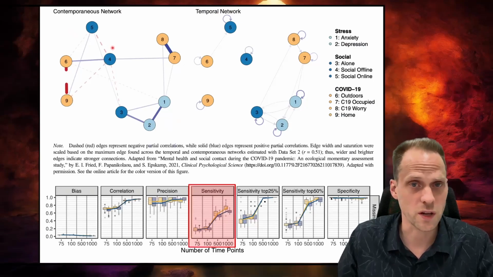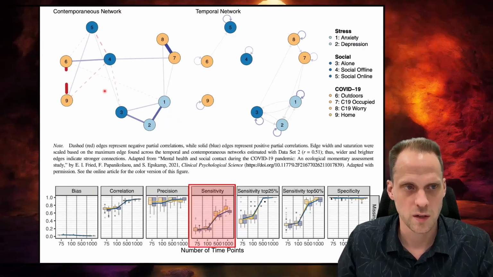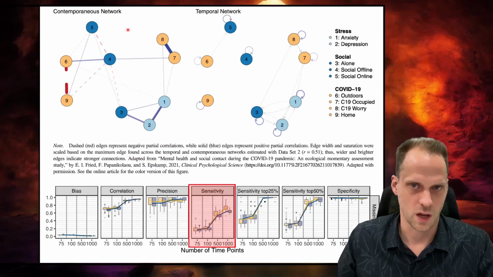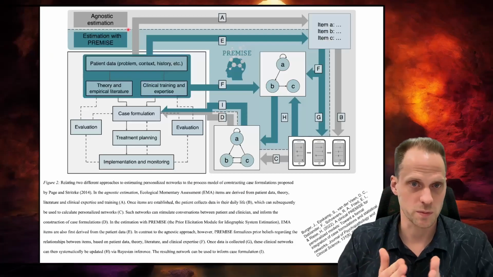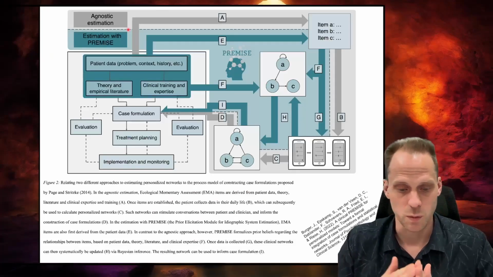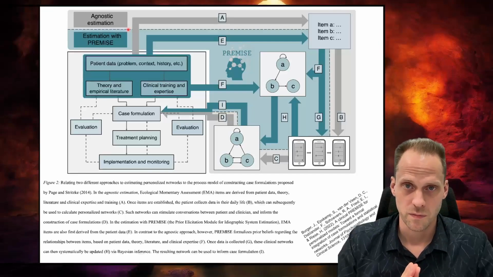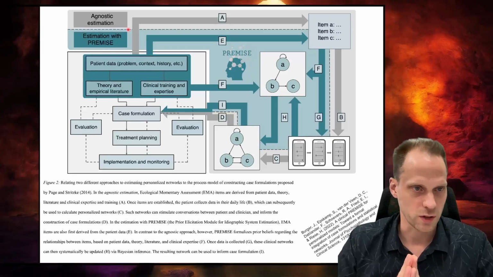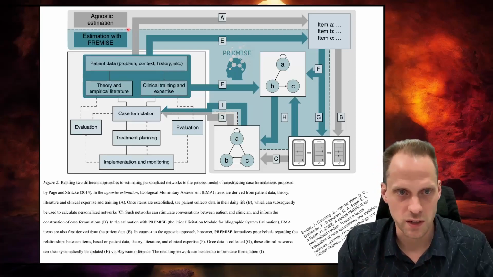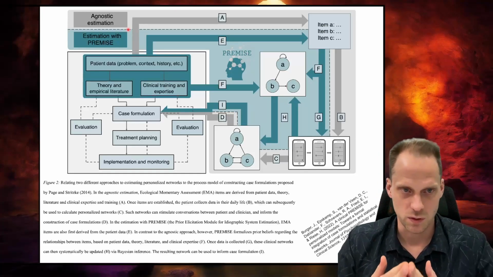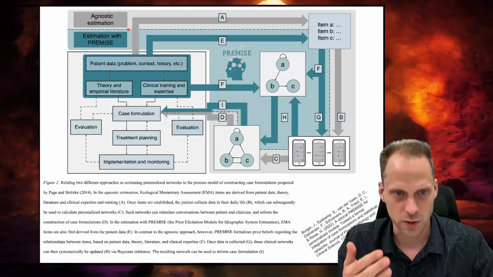Other than many other fields that do network analysis, this is based on a person, and we can actually ask that person questions. And we also have clinical expertise and clinical theories. So before we collect the data, we might already know quite a lot about what potential relationships we might find. And this might be beneficial in estimating the network.